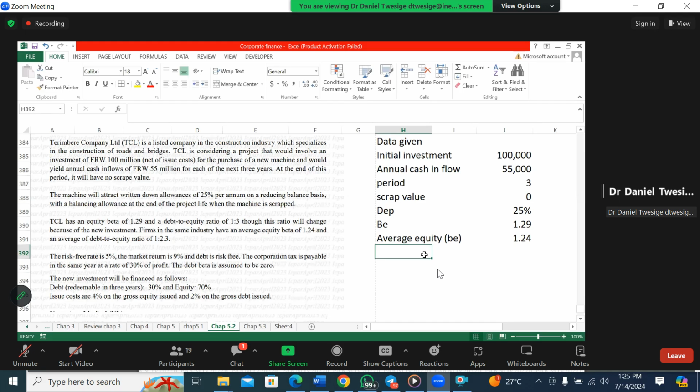Then firms, am I reading the same? I skipped one. An equity beta is this, and debt to equity is this.